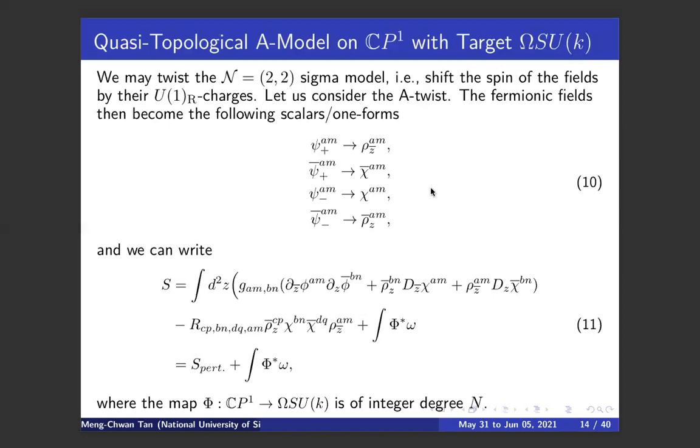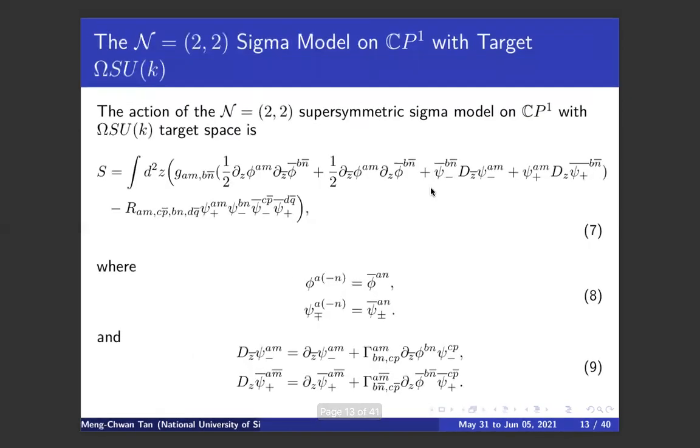May I ask? Yes, sure. Does this sum over m and n run over all integers or positive integers? Right, after we do this reparameterization, it runs over positive integers. How about n equal to 0? For n equal to 0, it becomes like the usual sigma model on the group G only. Then it's not complex?